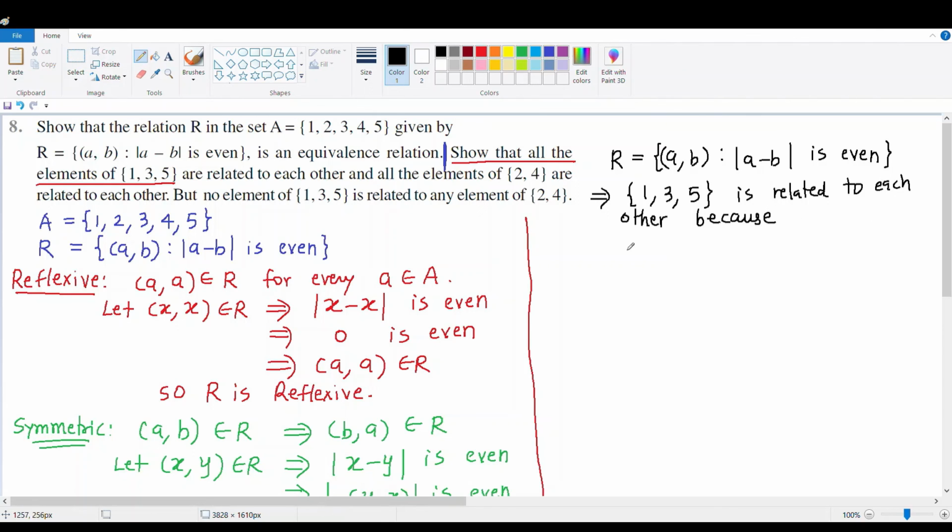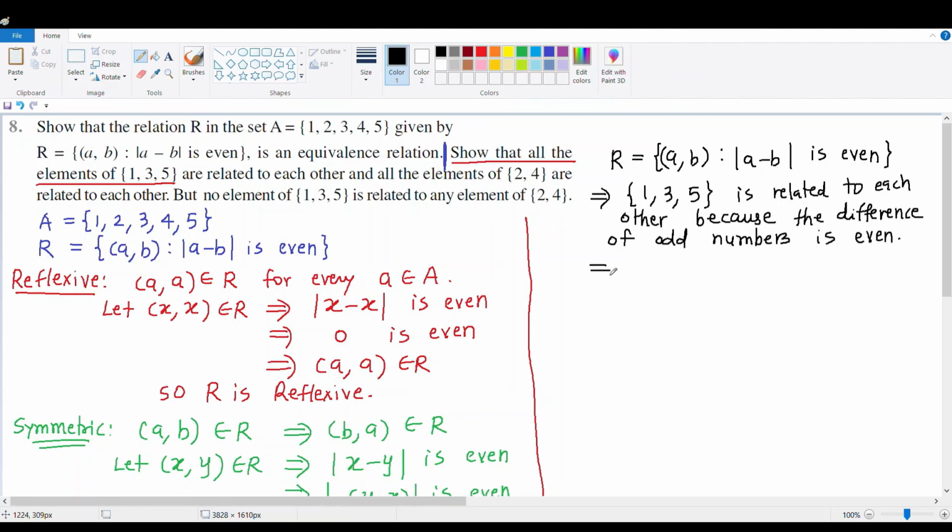So they are related to each other because the difference of odd numbers is even, right? So that's why 1 comma 3 comma 5 is going to relate to each other.